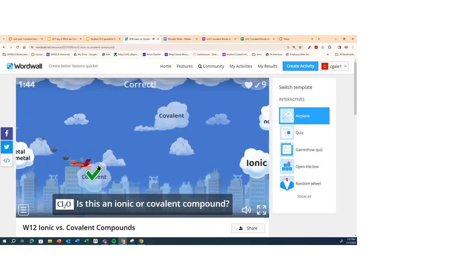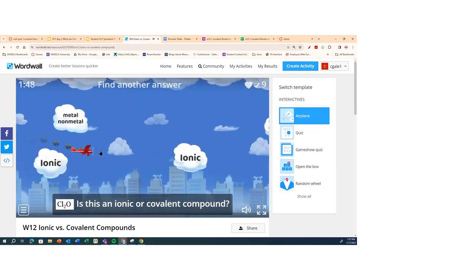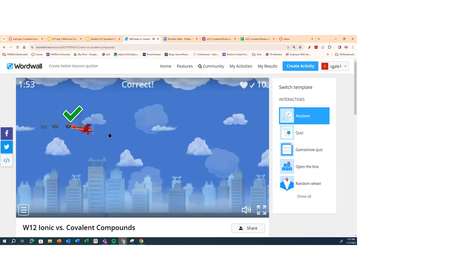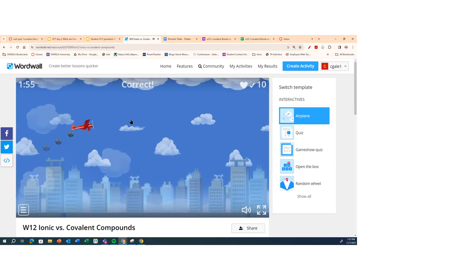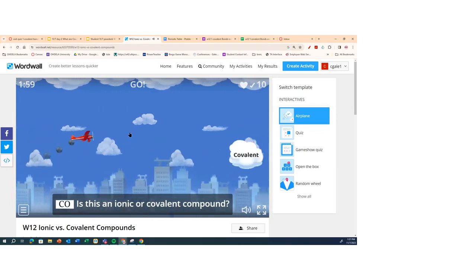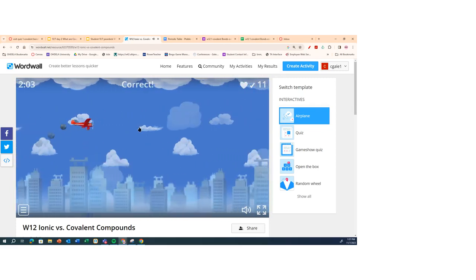It's covalently bonded, and it is non-metal. C and O are both on the right-hand side, so it's going to be covalently bonded.